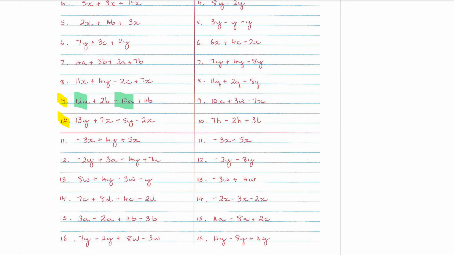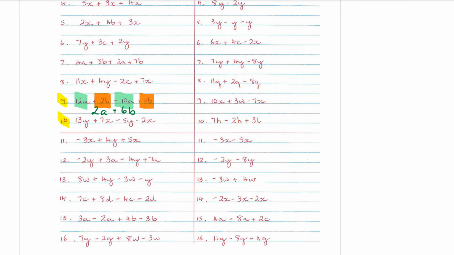They are like terms, so they will go together. 12 take away 10 is 2, a positive 2, so that will be 2a. And then we can do the b's. We have a positive 2b plus 4 more. 2 plus 4 is a positive 6. Positive 6 means a plus 6b.